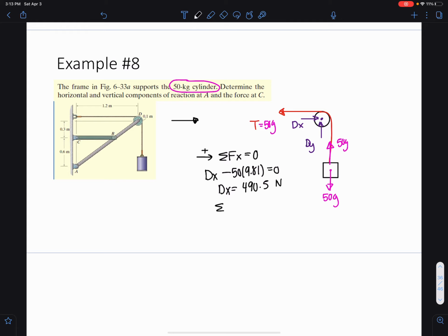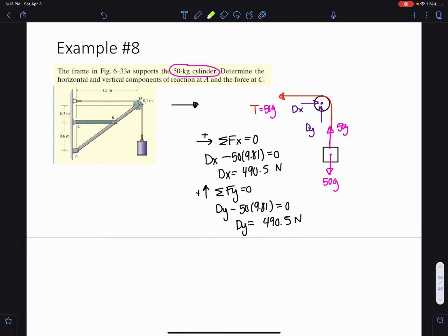I can do the same thing and apply equilibrium in the y direction, say up is positive. I get Dy minus 50 times 9.81 equals 0, and I get Dy is 490.5 newtons. The same thing, right? Because I have the 50G in both directions, basically. Okay, so let's go ahead and highlight our results here so we can keep this organized.